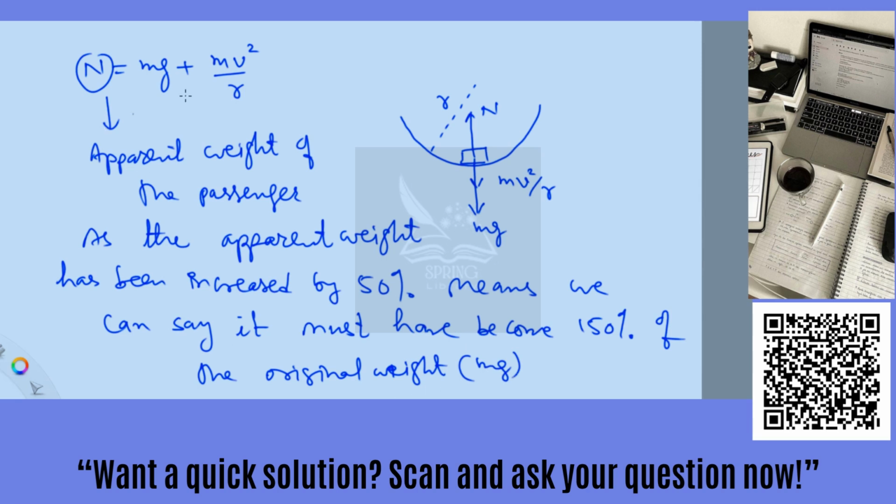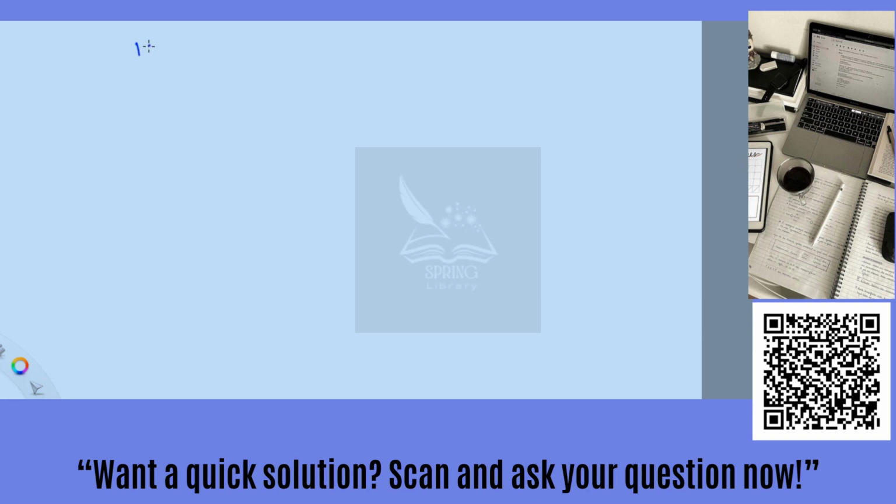Hence, we can say this N is 150% of mg, and that is equal to mg plus mv square by r.